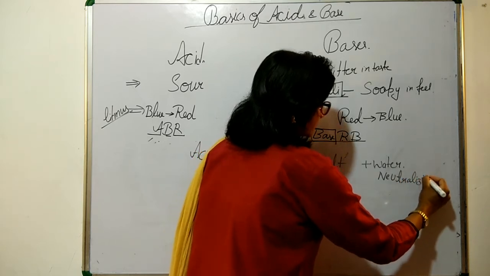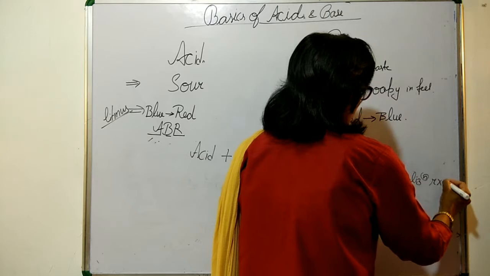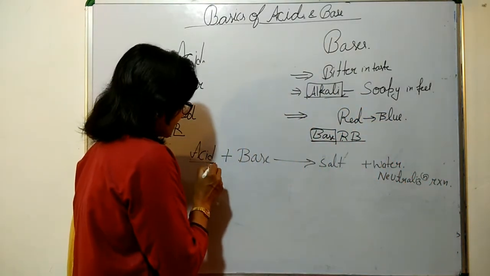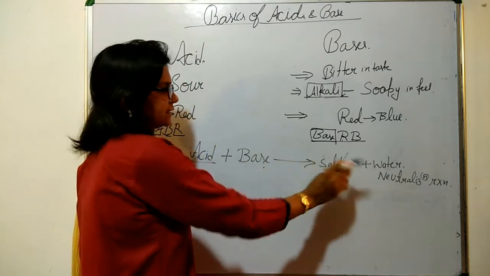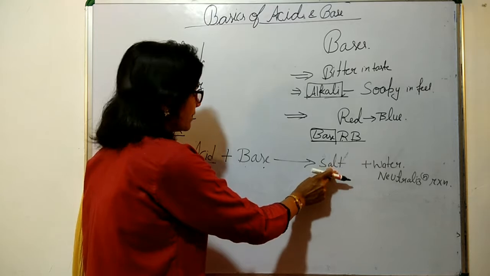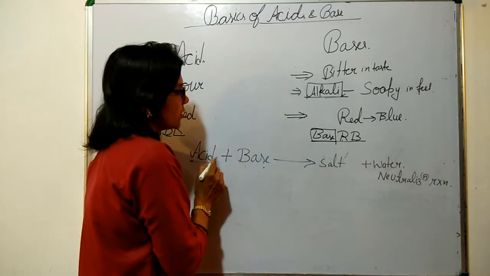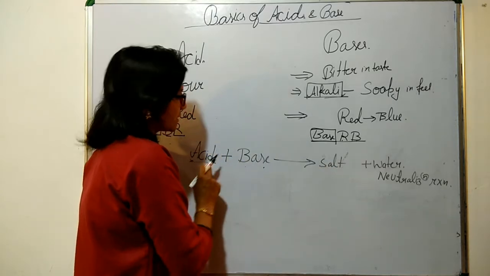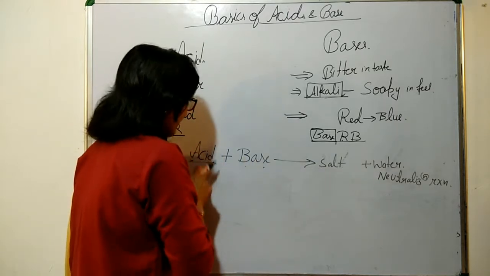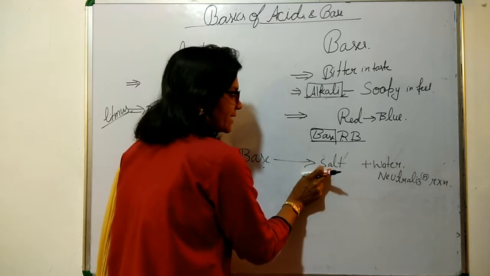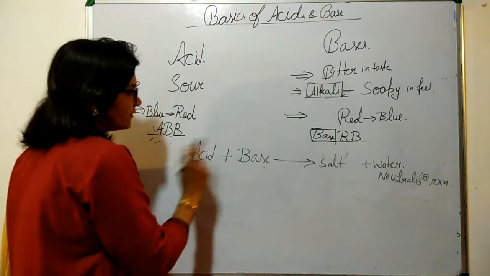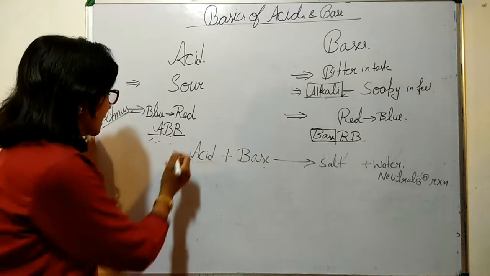Depending upon the acid, if both are strong, then it will form a neutral salt. If acid is strong and base is weak, then it will form an acidic salt. If base is strong and acid is weak, then it will form a basic salt. It depends upon the strength of acid or base.